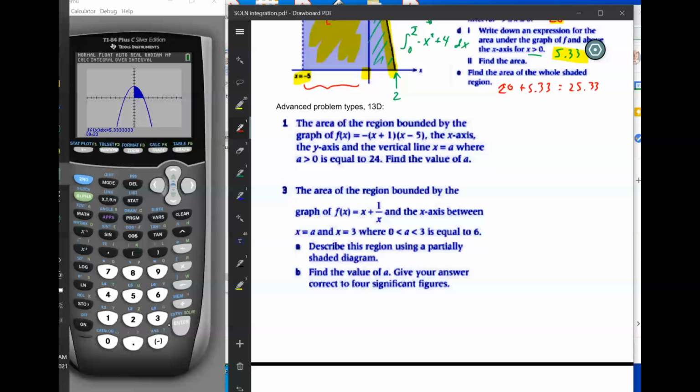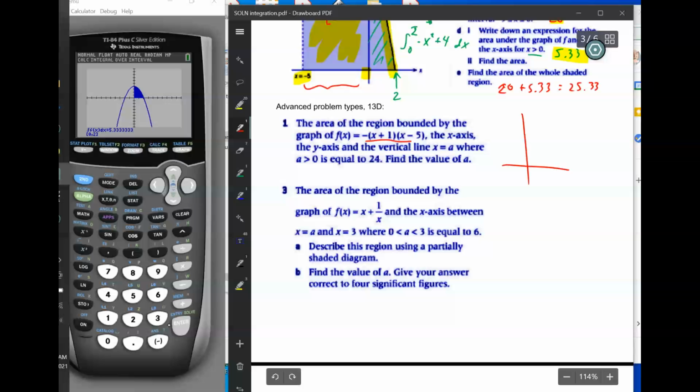The area of the region bounded by the graph f of x equals negative x plus 1 quantity times x minus 5 quantity, the x-axis, the y-axis, the vertical line x equals a, and so on. This might be a little bit confusing, so I'm going to draw you a little picture.